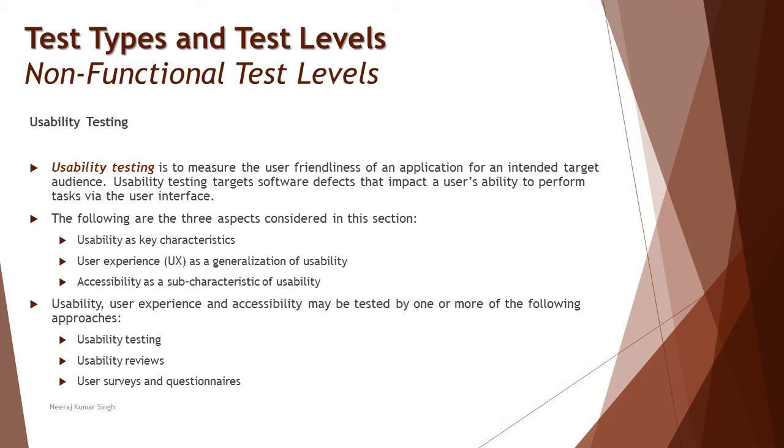A lot of organizations collect survey and questionnaire data, and accordingly make a set of requirements or a user friendliness definition for their particular product, which altogether tells us that usability testing is another quality characteristic, yet important to be implemented as part of many applications.